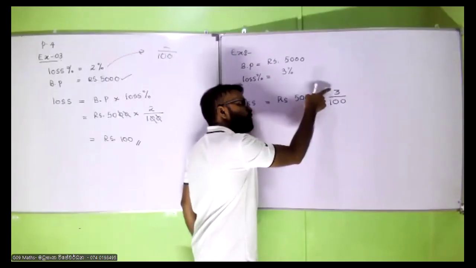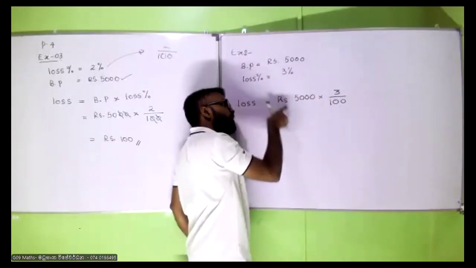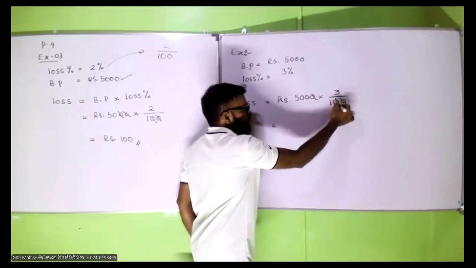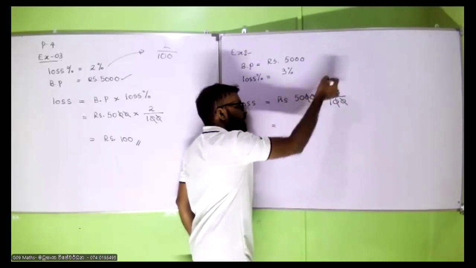For 100 rupees I am losing 3 rupees. How much for 500? 0 to 0, 0 to 0, 15 to 3.